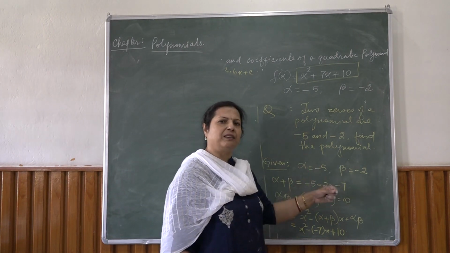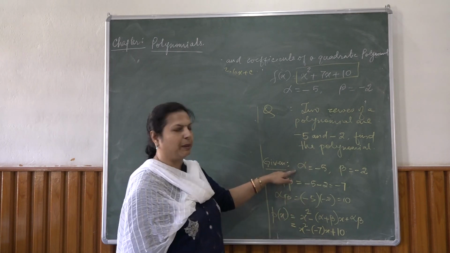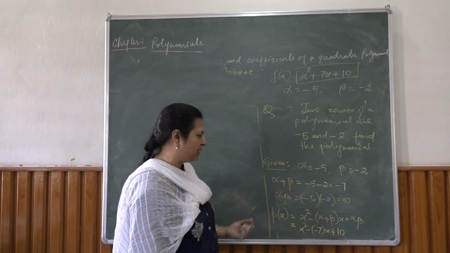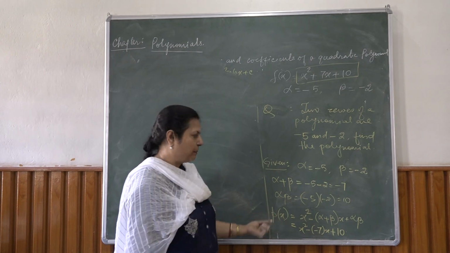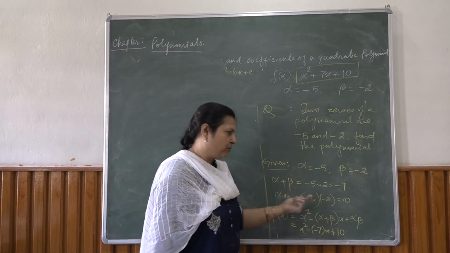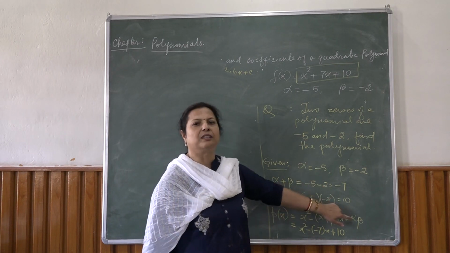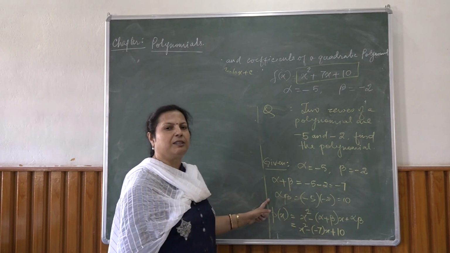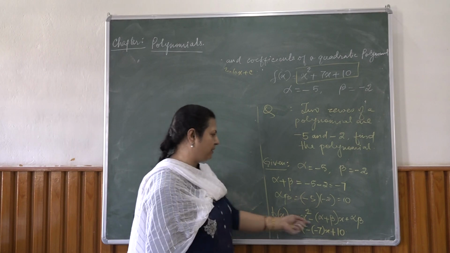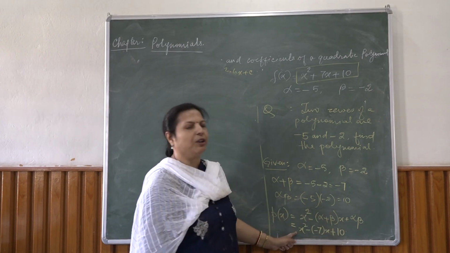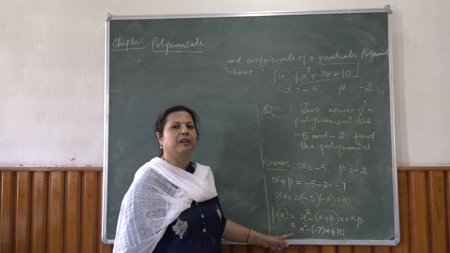Sometimes, to make the question further simpler, maybe in the basic part of the question paper, even the sum of the zeros and the product of the zeros are given. You just have to substitute them in the relation that we have and then find the polynomial. That should not be more than a 1 mark question.